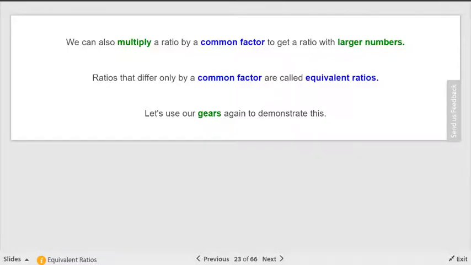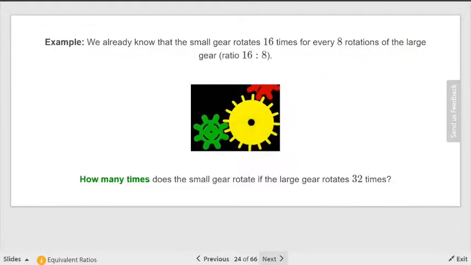an example of this. Now, we already know that a small gear rotates 16 times for every 8 rotations of the large one, right? So our ratio for our gears is 16 to 8. How many times does a small gear rotate if the large gear rotates 32 times? Okay?